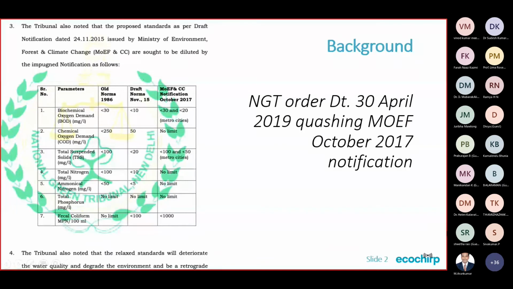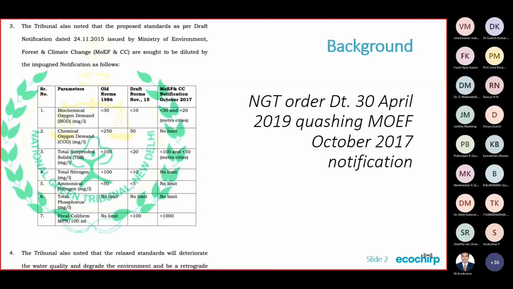So this is the NGT order dated 30th April 2019, quashing the MOEF notification of October 2017. In October 2017, the Ministry of Environment and Forests removed all requirements of nitrogen and phosphorus control. In April of 2015, MOEF and CPCB introduced nitrogen and phosphorus control, but in 2017, they retracted it and said no need for nitrogen and phosphorus control.